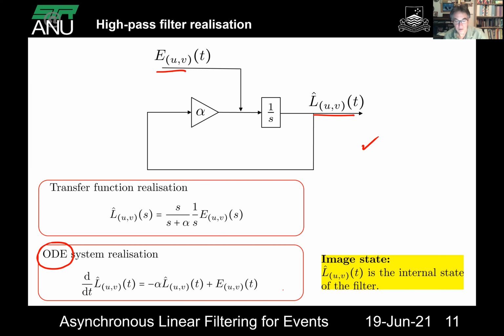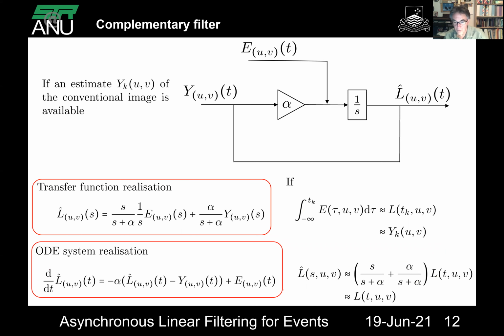It's an IIR response effectively that implements that system. So from that framework then we do what was my work with Cedric Scheerlinck some years ago, where we said, well, we can actually build a complementary filter.